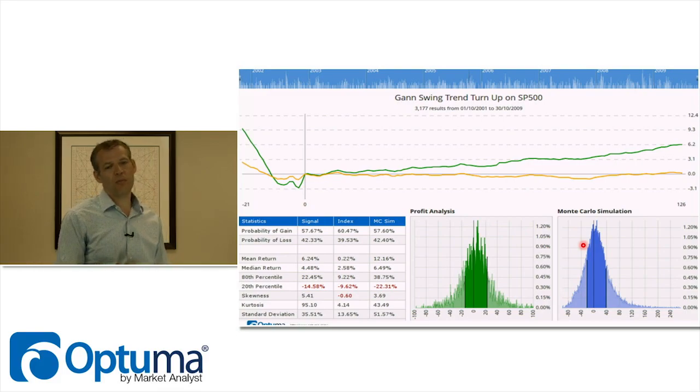That's where we get the Monte Carlo there. So not a bad result there, good return. Reward to risk, not fantastic, 3 to 2, something like that. But nevertheless, you can see those results. So not too bad, just using a very simple Gann-based rule there.